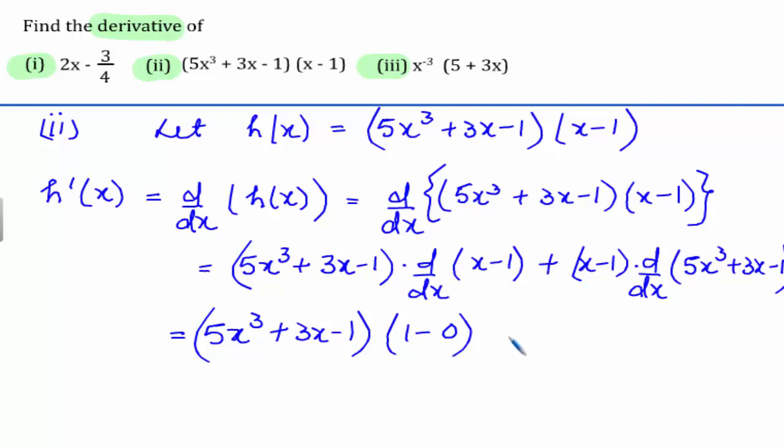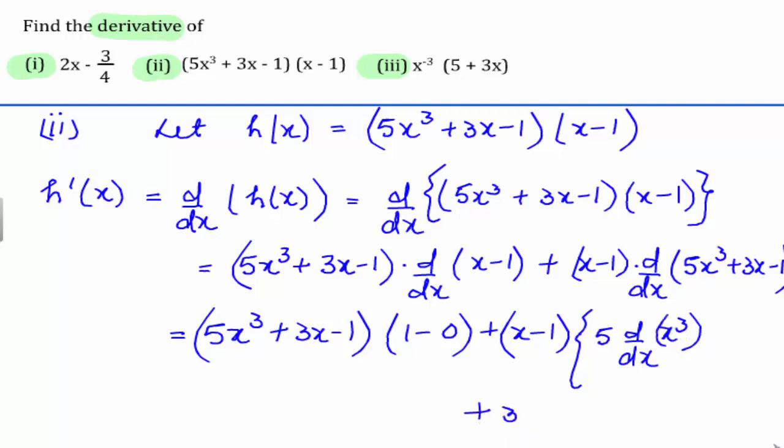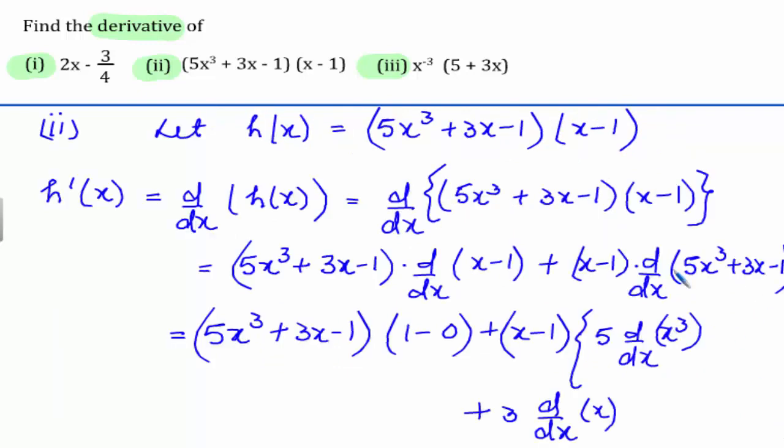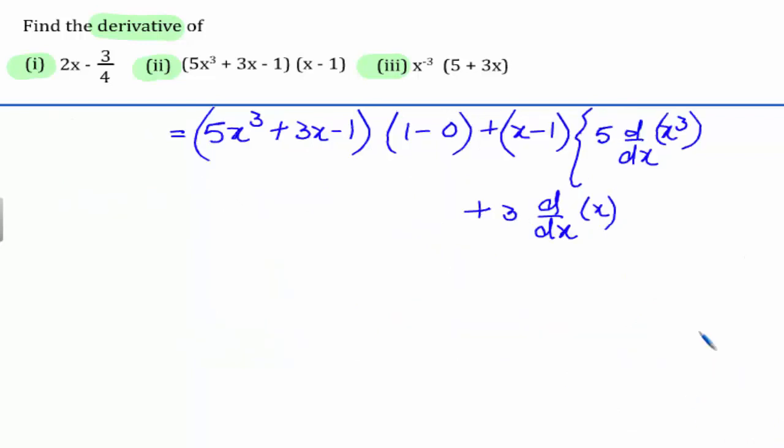plus x minus 1 into, here we have 5 times the derivative of x cube plus 3 times the derivative of x plus derivative of minus 1.